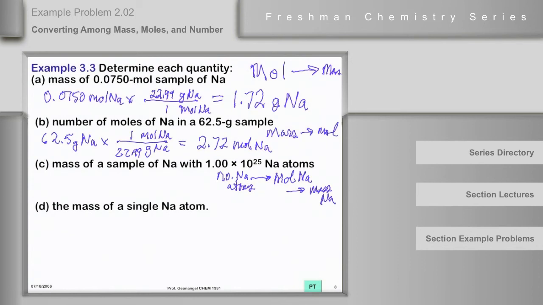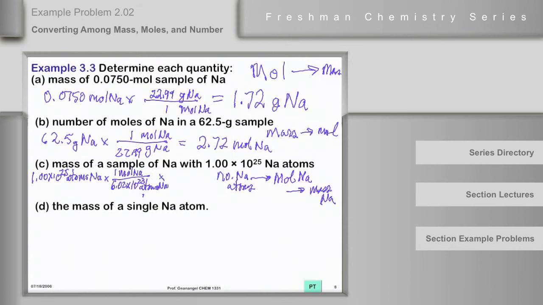And so we're starting with 1.00 times 10 to the 25th atoms of Na. And we're going to, first of all, multiply that by 1 mole of sodium over Avogadro's number, 6.02 times 10 to the 23rd atoms of sodium.